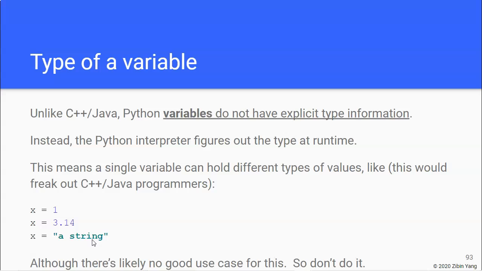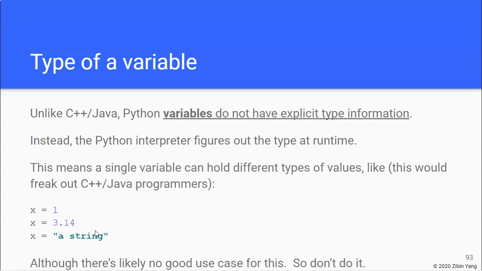And then at yet another time, we can assign a string, let's say, to the same variable that used to hold a number before. So this, to a C++ or Java programmer, would be heresy, something that they would never do. And the language itself doesn't allow it anyway.